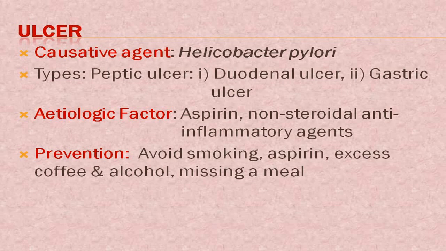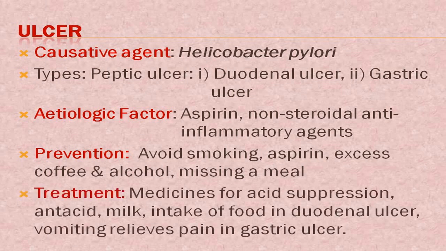Prevention is by avoiding smoking, aspirin, excess coffee, alcohol, and also missing a meal. Treatment is with the help of medicines for acid suppression, that is antacids, milk, and intake of food, especially in case of duodenal ulcer. Vomiting also relieves pain in gastric ulcer.